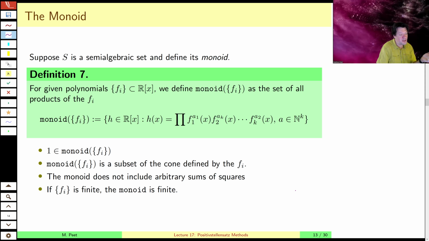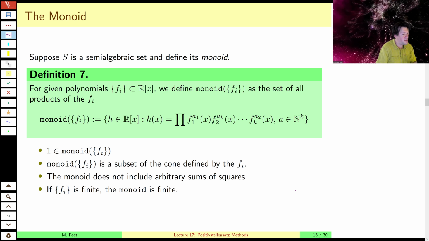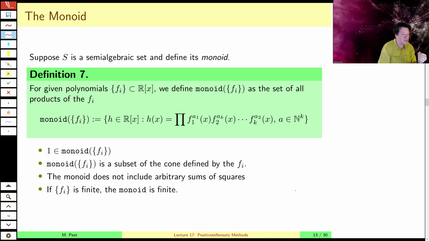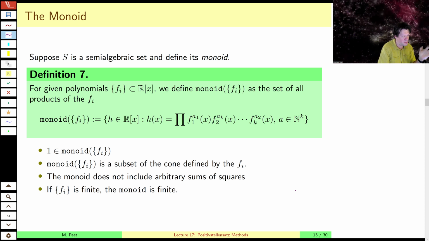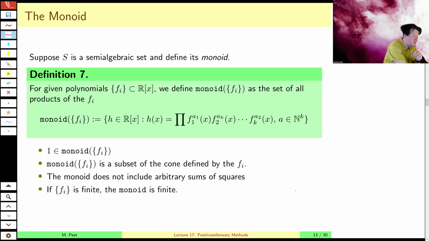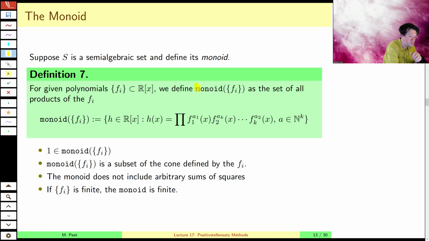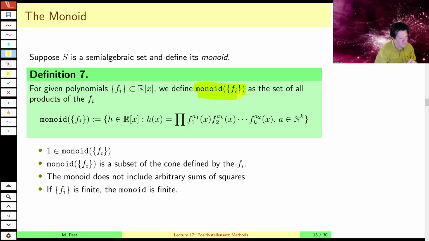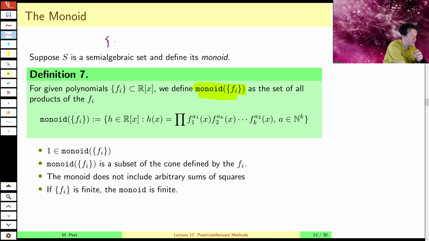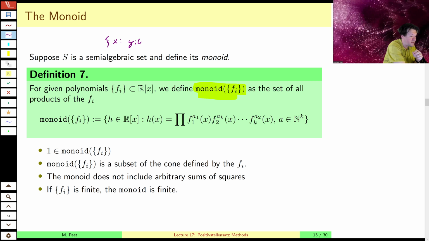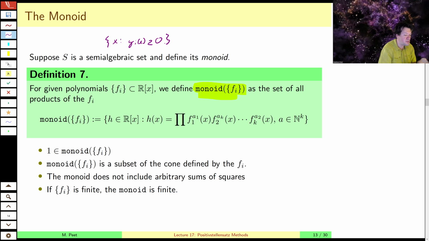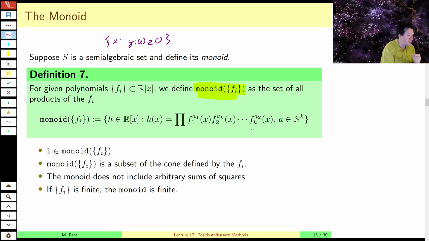So computationally, right, let's try and construct, using our set of three logical inferences, some sets of valid inequalities. Not the set, but proposed sets, right? So the first one is what we refer to as the monoid, right? Definition, monoid. This is a finite set, right? So if our set is defined by these inequalities, x such that gi of x is greater than or equal to 0, right? The monoid is the product of all of those valid inequalities, right?